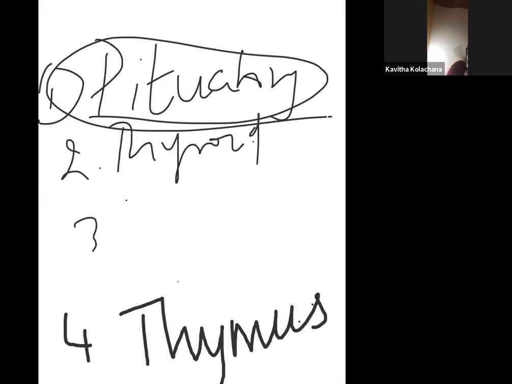So whatever hormones we have seen, the pituitary gland controls them. The pituitary gland is called the master gland because it controls all the effects of hormones in the body. We will look at the different kinds of hormones present in the hypothalamus.